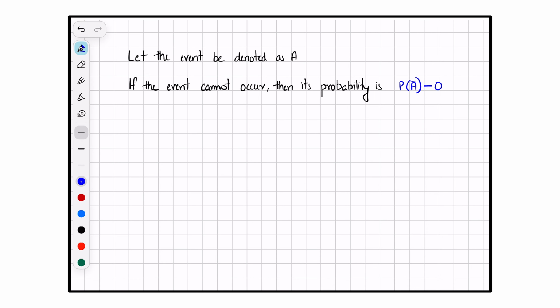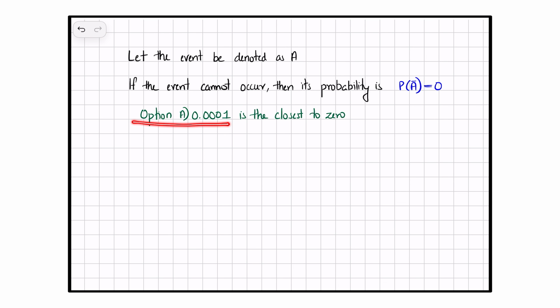What we have to do in this problem is check which option is closest to 0, and that will be option A, 0.0001. Option A, 0.0001 is the closest to 0 and it is the answer.